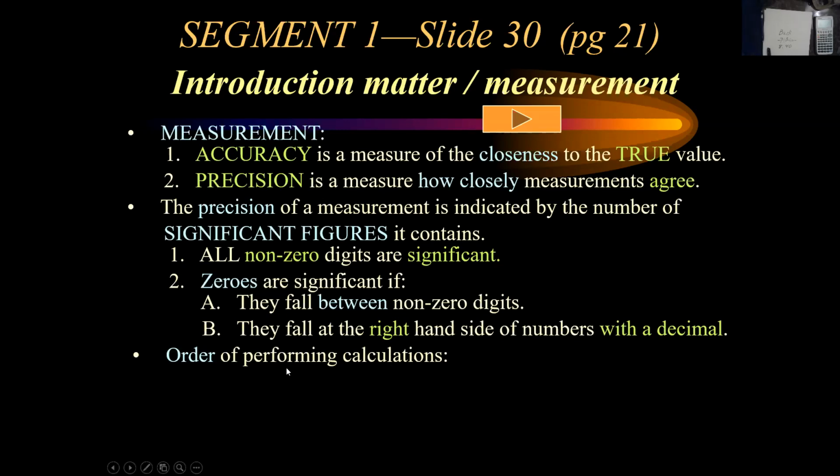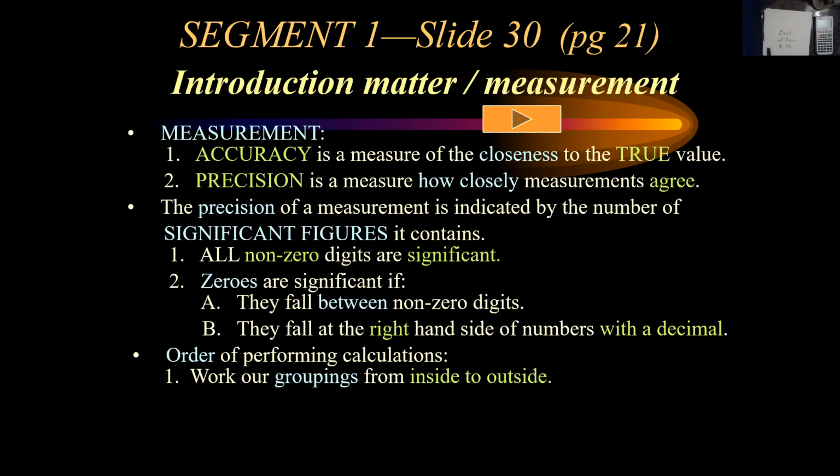Now, here's something you need to be aware of, because your calculator is going to do exactly what I'm saying here. So when you are working out a problem, you have to be careful, because the calculator is going to do an order based on the way you enter the numbers. Now, the order of performing calculations, the very first thing that's going to happen is the calculator is going to look for grouping symbols that you put in. You might put in a left parenthesis.